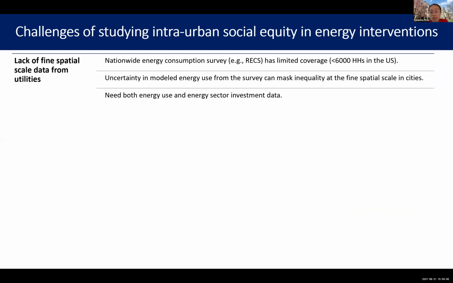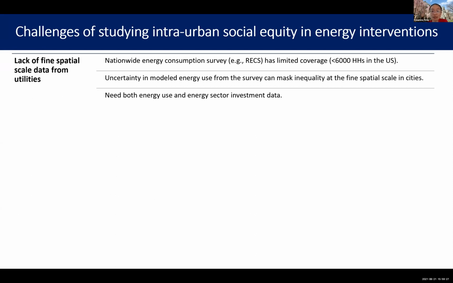First is always data. We lack fine spatial scale data from utilities. As an alternative, scholars have been using national energy consumption surveys such as RECS, but this type of survey has very limited coverage. It was surprising even for me to find out that in the last round of RECS, they only collected 6,000 responses across the US.